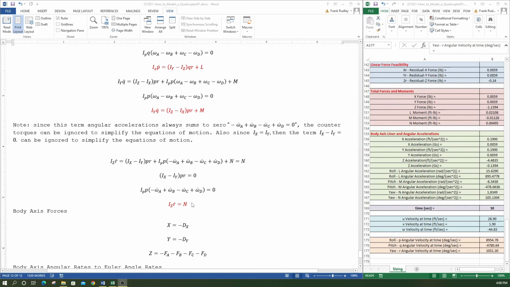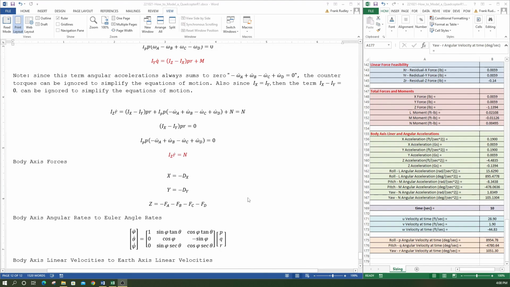So our yaw equation becomes very simple, and it's just Iz r dot equals N. The only force we have from N is due to the aerodynamic drag. So it's only the aerodynamic drag that's used to turn the directional axis of a quadcopter.